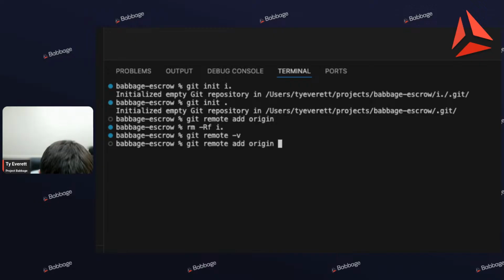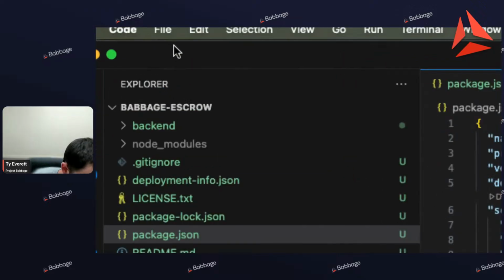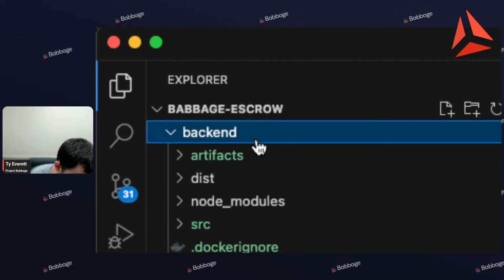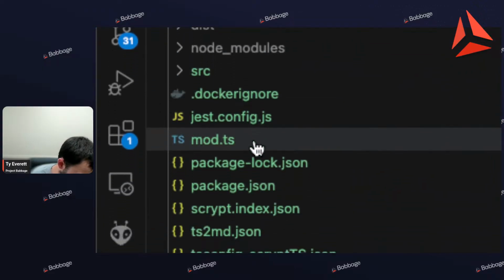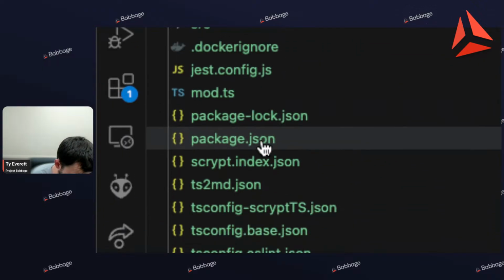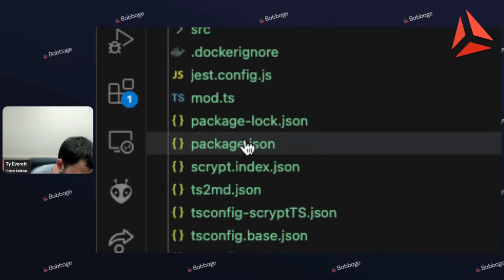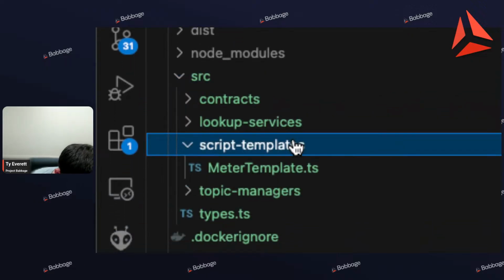So we add an origin for our GitHub, Babbage escrow. And now we have all these things set up the way they need to. Backend has artifacts, dist, node modules, etc. And we'll need to do some little housekeeping things, but I'm hoping to get to the point here where, okay, we got contracts, we got script templates.